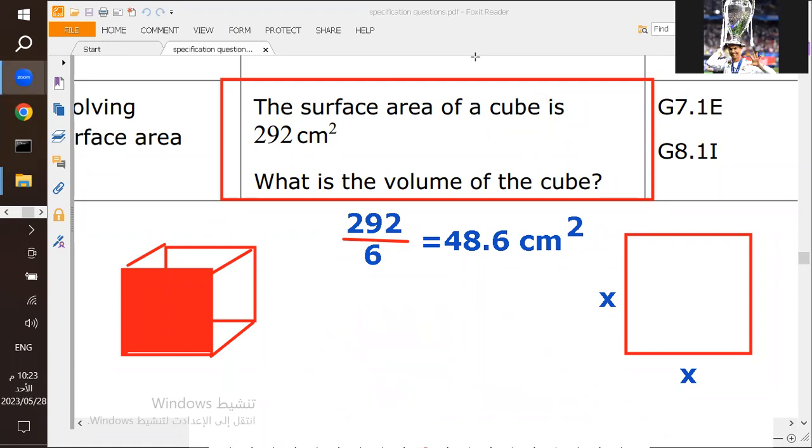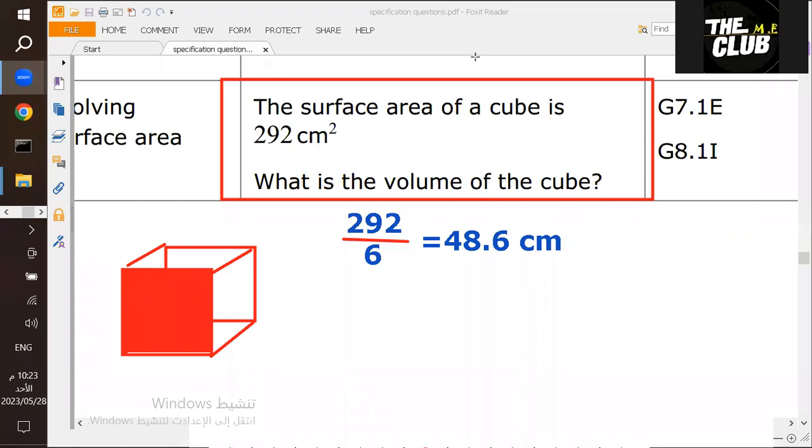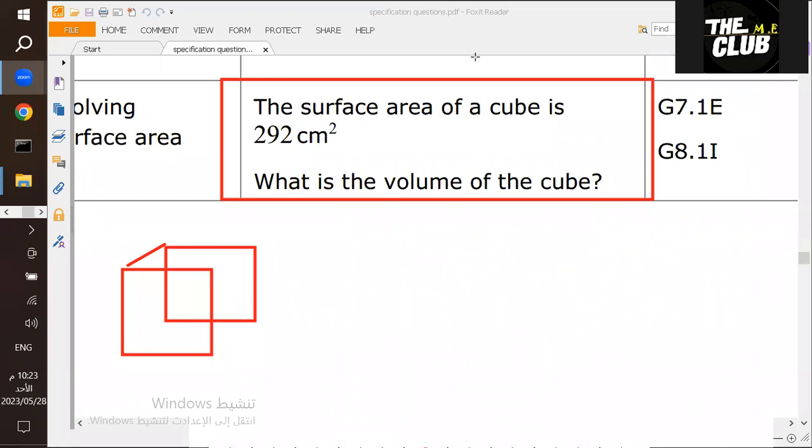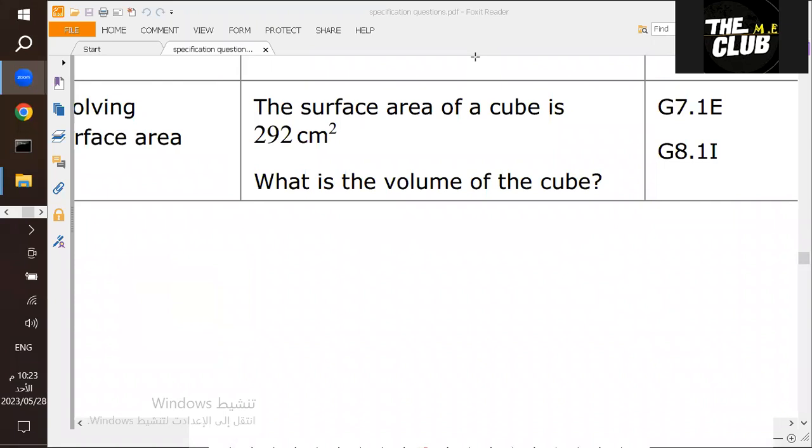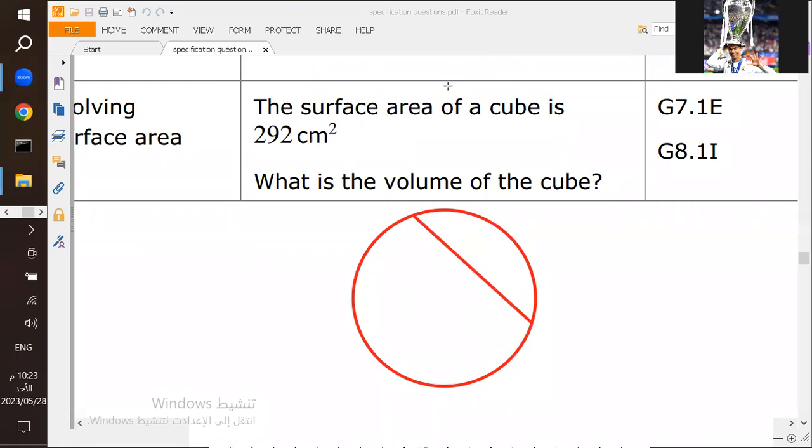Let's move on. What's the difference between a chord, a sector, and a segment? A segment is an area. The chord is the line. For example, this is the circle, right? Do you see this line? Yes. This line is the chord. Then what is the diameter?